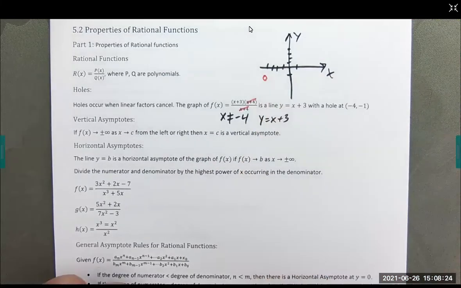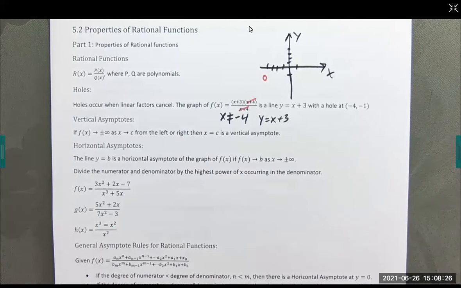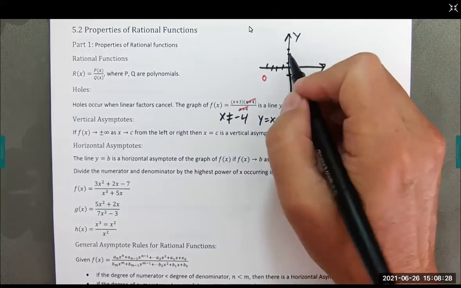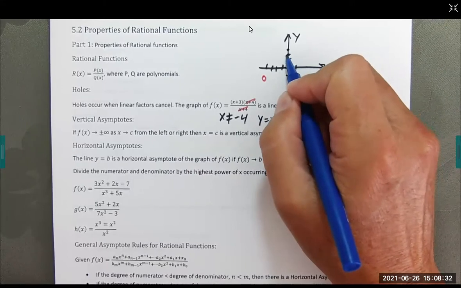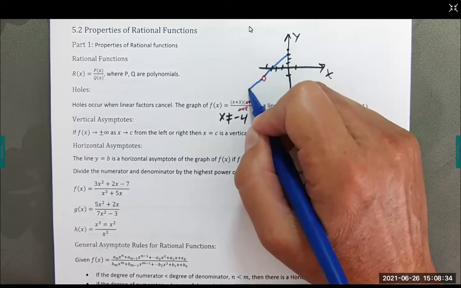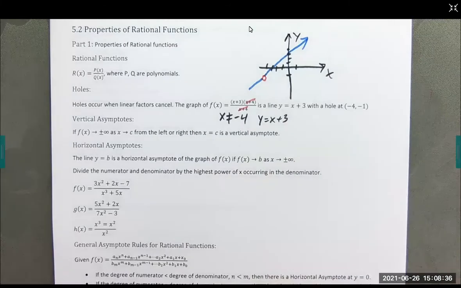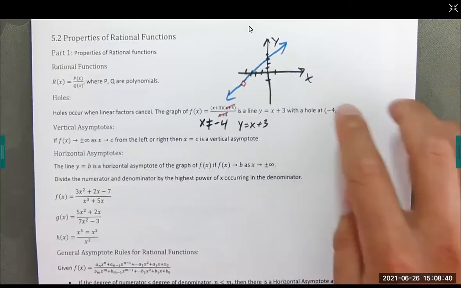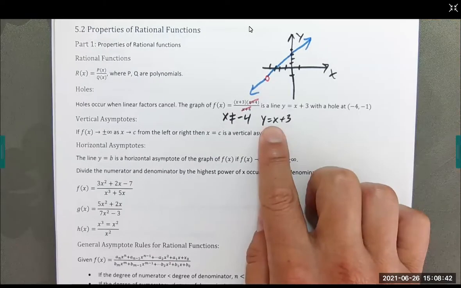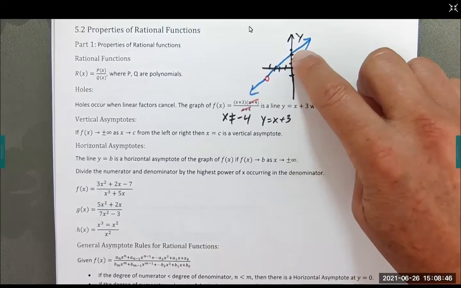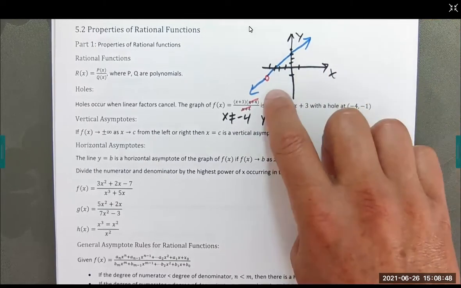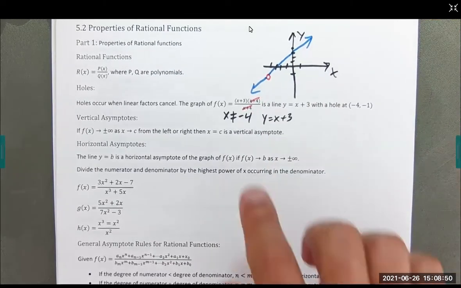And otherwise, we are going to be the graph that goes right through like that. So it's just the regular line, it's supposed to be straight, with a slope of 1, so up 1 over 1, and a y-intercept of 3. And so it's the regular line, but you have to put the hole in there. We have to acknowledge that x still cannot be negative 4.